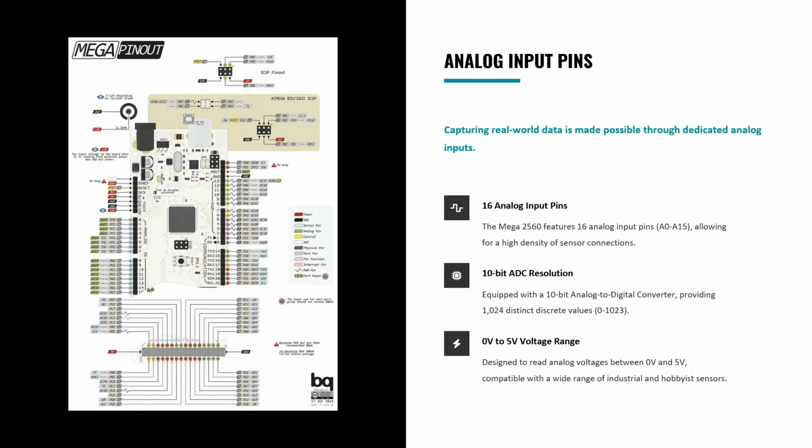This ADC converts analog voltages between 0 and 5 volts into digital values ranging from 0 to 1023. This means the board can measure analog signals with reasonable accuracy for most IoT and embedded applications. The availability of 16 analog pins makes the Arduino Mega especially useful for large sensor networks and data acquisition systems.